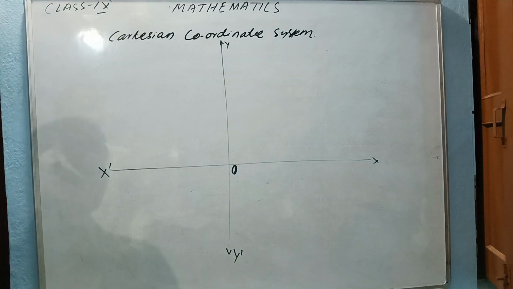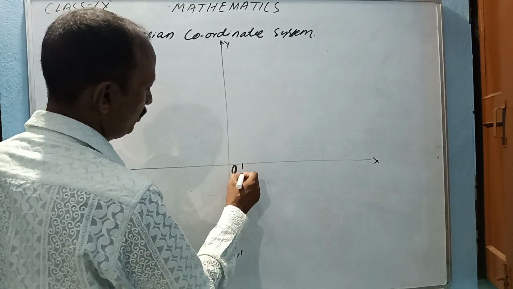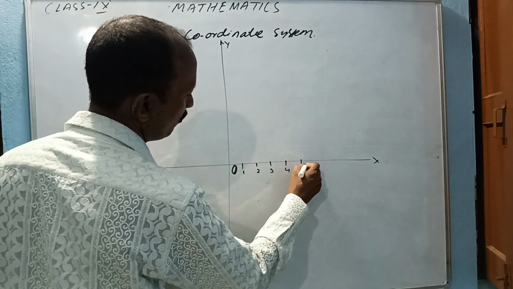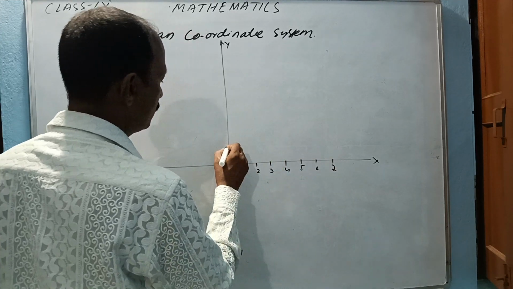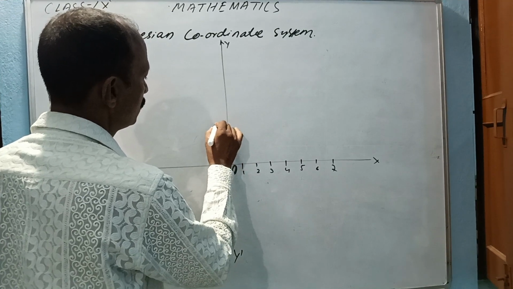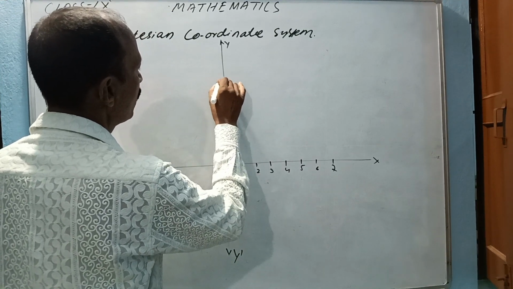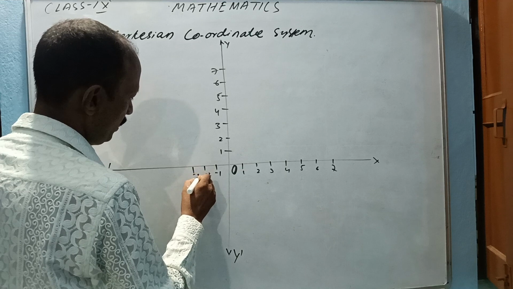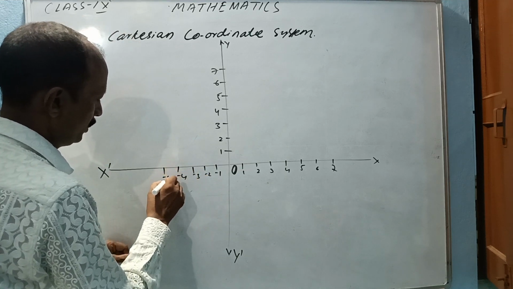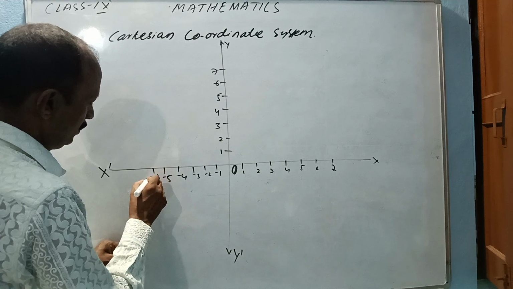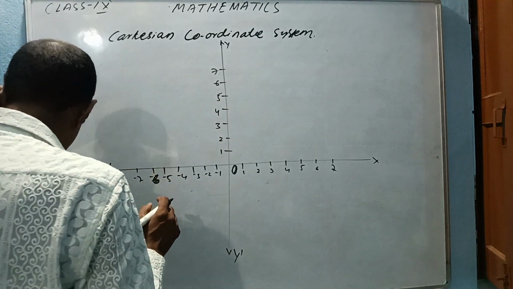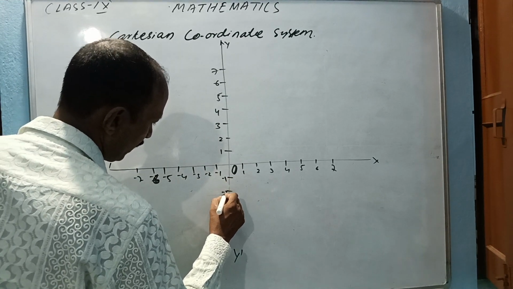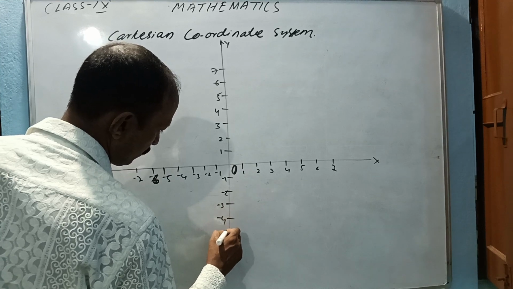Now with a suitable scale, at equal gaps I am taking 1, 2, 3, 4, 5, 6, 7, like that. On this side -1, -2, -3, -4, -5, -6, like this. And -1, -2, -3, -4, -5.